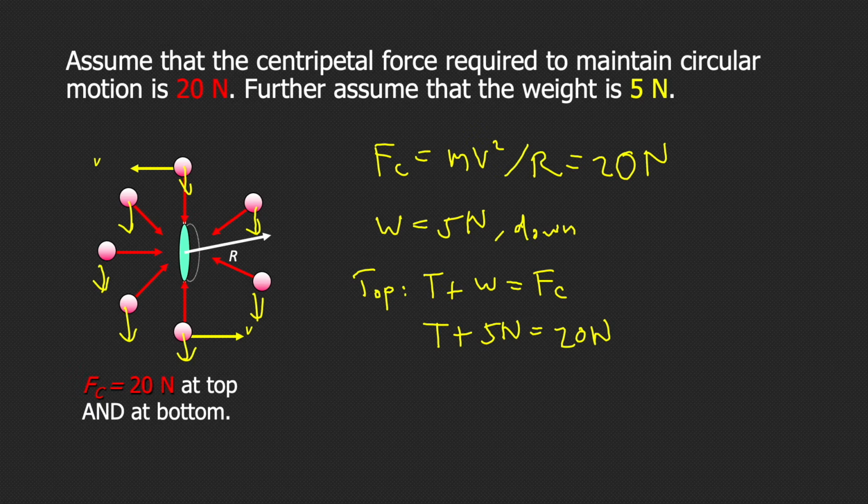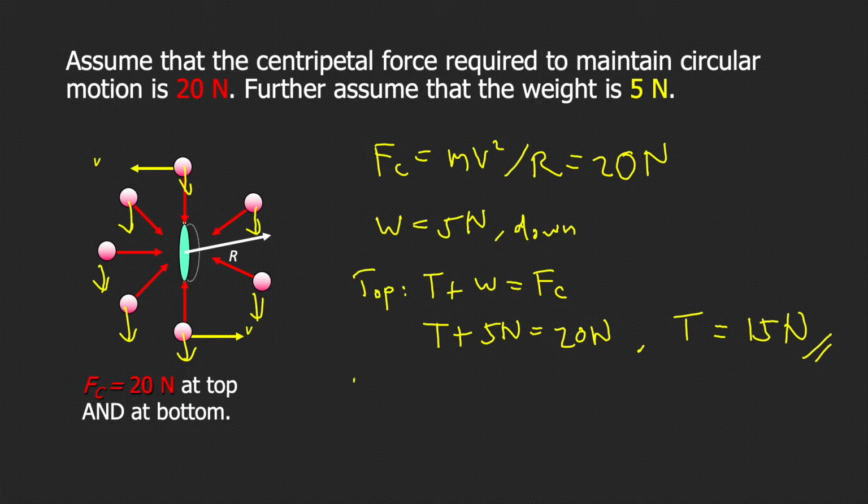Therefore, T is equal to 15. We transpose 5 to the other side, so that's 20 minus 5, which is 15 newtons. So again, the tension at the top is 15 newtons.